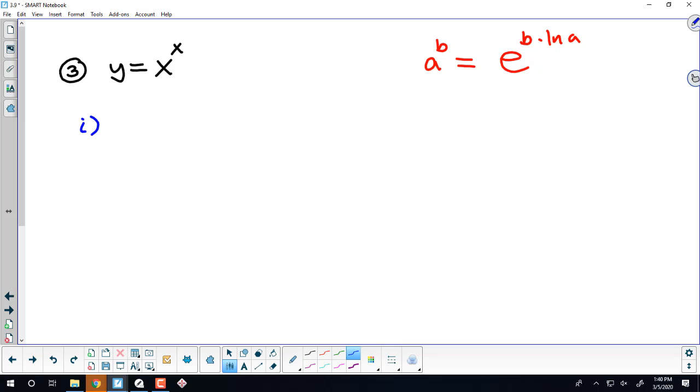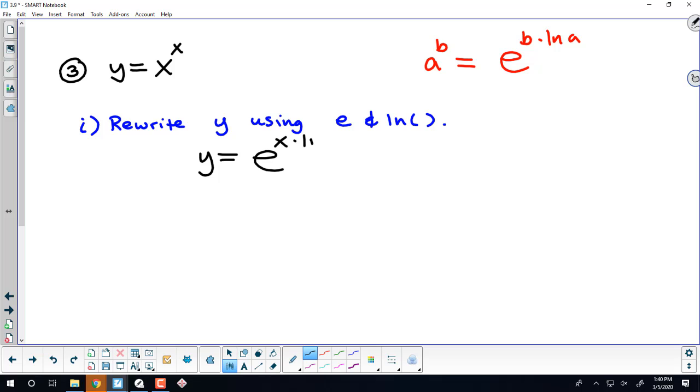So one, we can rewrite using e and ln. So we're going to do that. y, rewritten, is really e to the x times natural log of x.